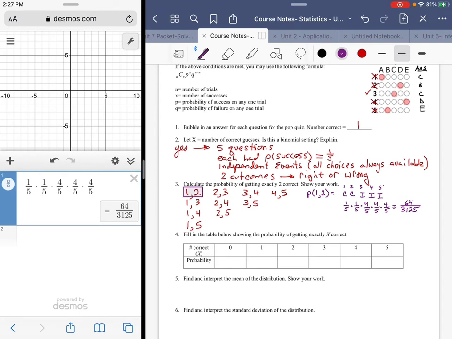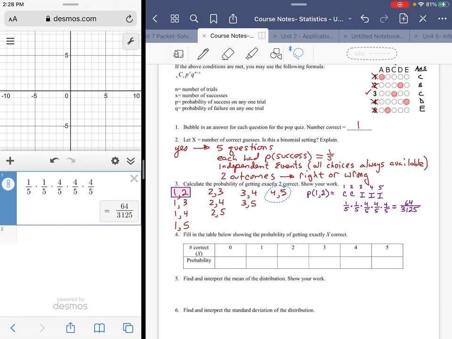Now you may remember when we worked with the card questions, some of the questions were things like, what's the probability that the 2 cards selected were both part of the same suit, things like that. This is the same idea, because this is all an or.